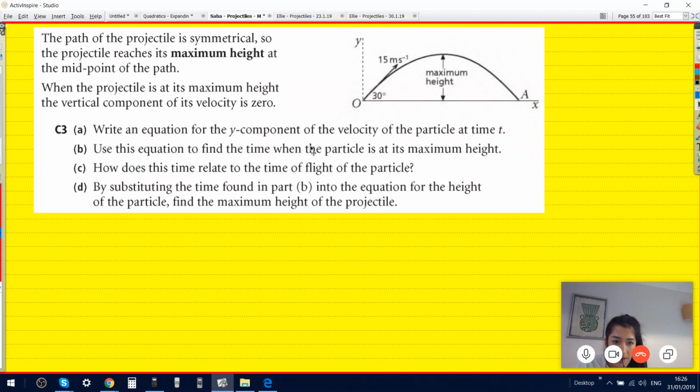Sure. The important thing is part B, to find the maximum height. Use the equation to find the time when the particle is at maximum height. So you can do that by making 15 sine 30 minus 9.8 t equal to 0.